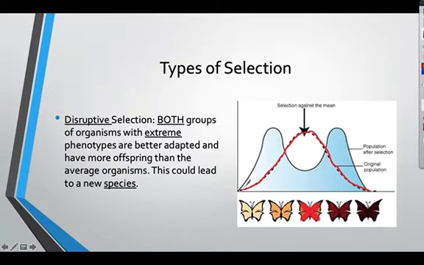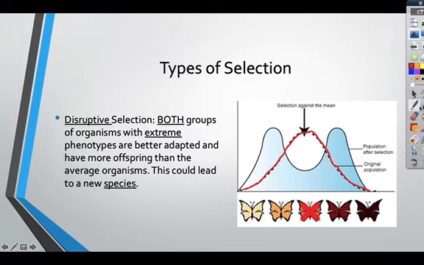So you see that you've got two extremes being favored now. So each extreme is favored and the average is actually going down. Okay, so the average starts to die out. And eventually what can happen is those organisms that have the average phenotype would completely die out, and you would have the two extreme groups, and they would be maybe so different that they would be like two different species.